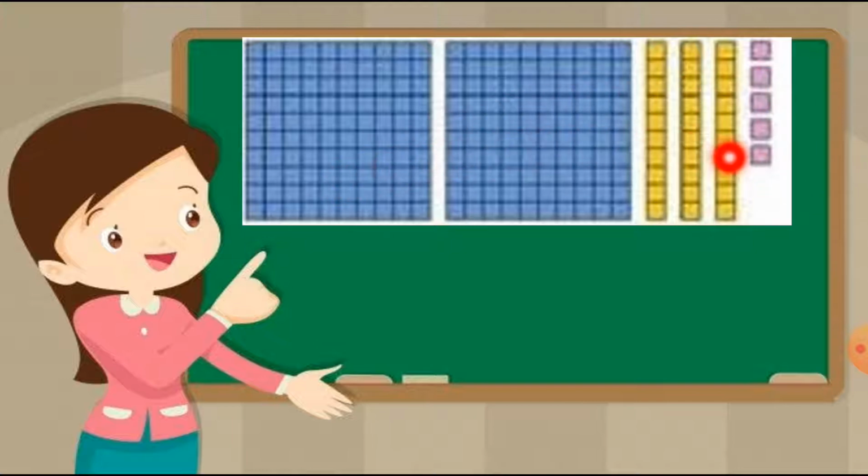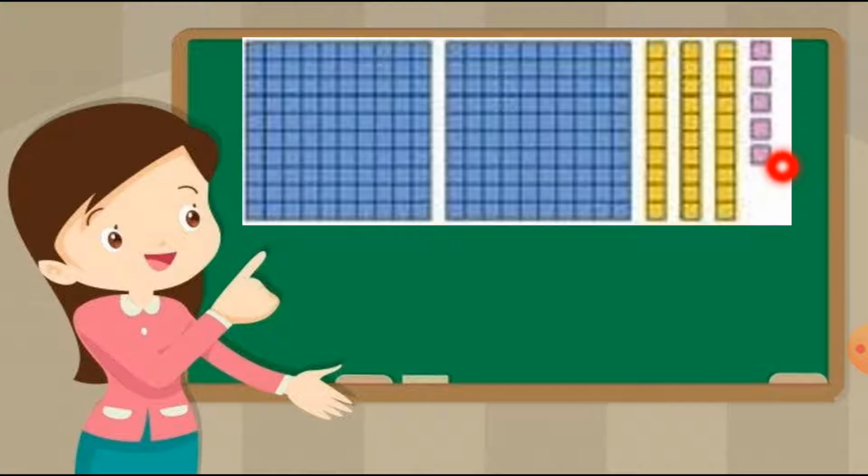So, students, if you remember, we start writing the number with the ones value. First of all, we have to count the ones value. Let's count, and you also count with me, students. Count with this red dot: 1, 2, 3, 4 and 5.